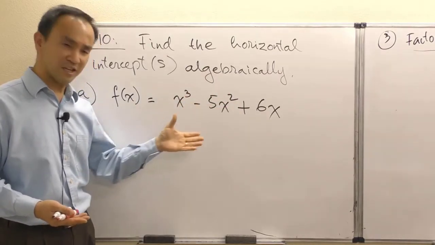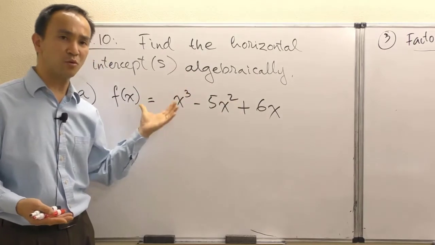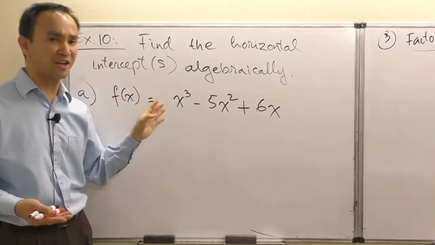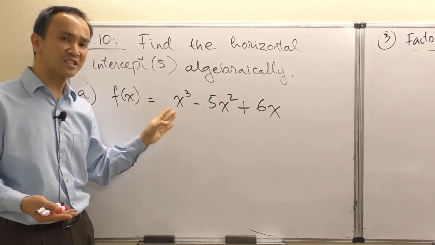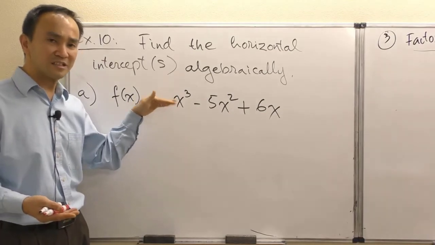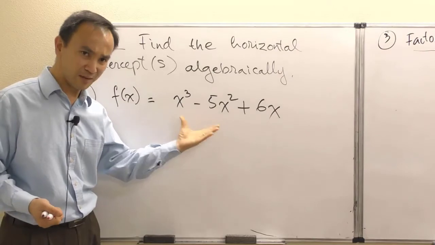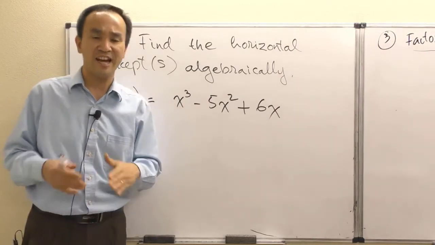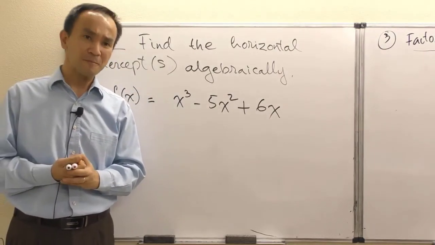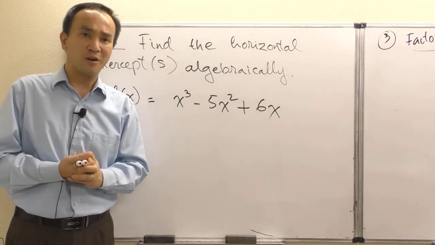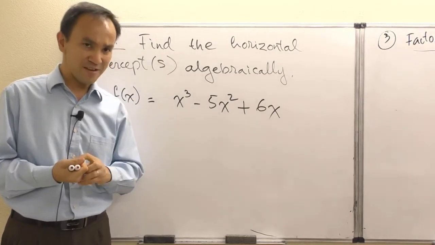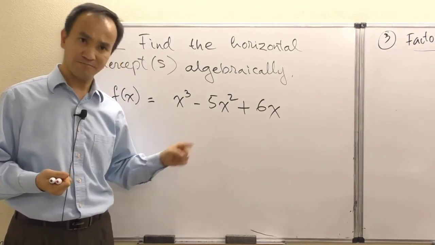Because there hasn't been any well published rule about how we can find the horizontal intercepts for any polynomial of degree 3 and above, or particularly how we can factor something like this. It's still a challenge. There has never been one easy formula that works anywhere for these kinds of problems.